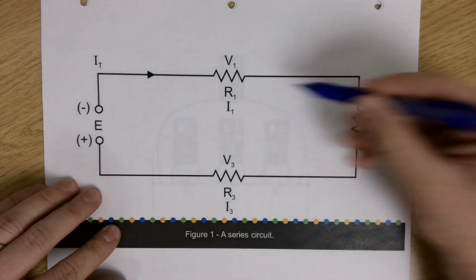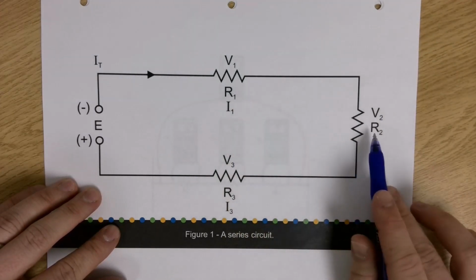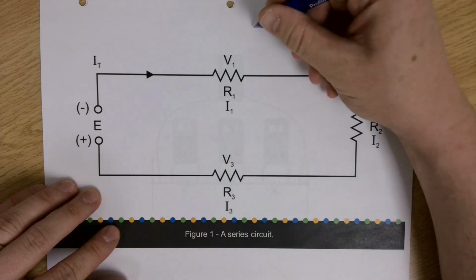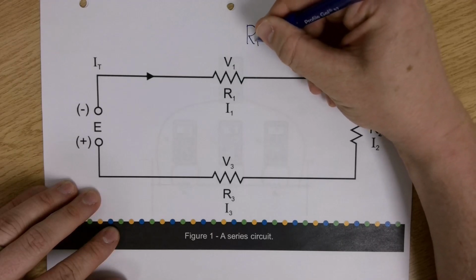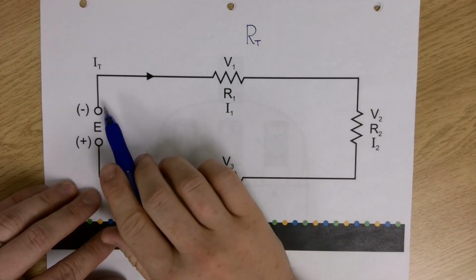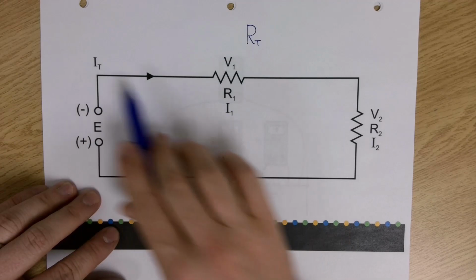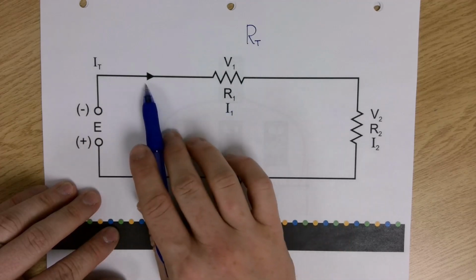We have 3 resistors. That's just what they drew for this circuit. We have 3 resistors, R1, R2, and R3. So if we ever wanted to find the total resistance, that's just an R with the subscript T. Resistance is the opposition to current flow.